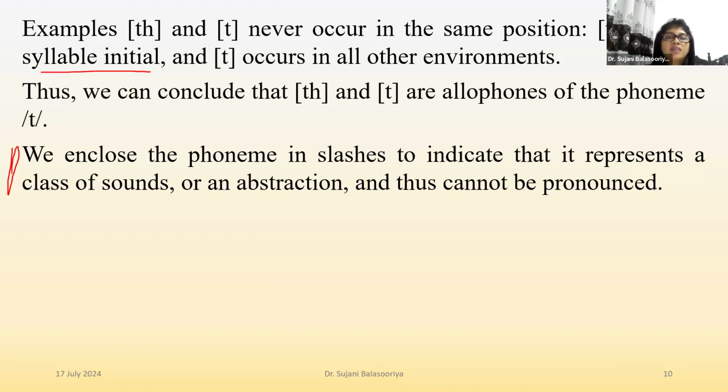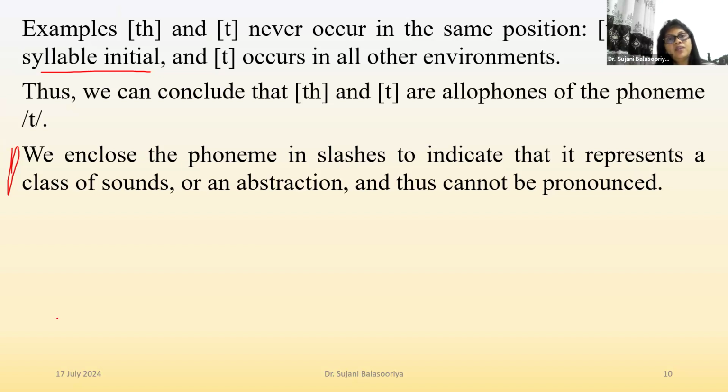But when you write an allophone, you have to write it in between a pair of square brackets. And always remember, phoneme is just the abstraction, that means the idea of a sound, but that idea is physically, or in pronunciation, produced in different ways. And these different ways are what we identify as allophones.